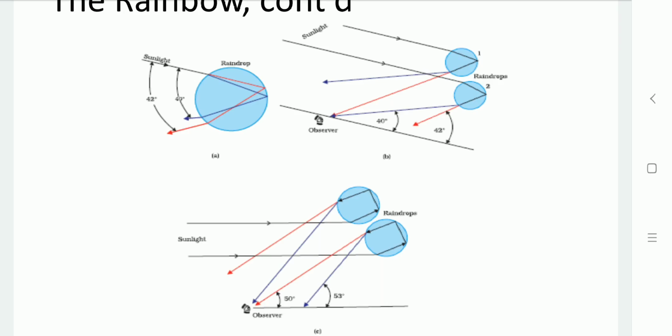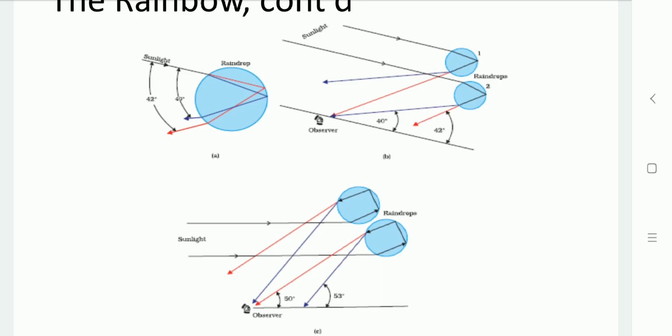While the sunlight comes from air to the water drop, refraction happens the first time. Inside the water drop, a number of light components are visible. So before this total internal reflection, all the light components are visible. So dispersion takes place.